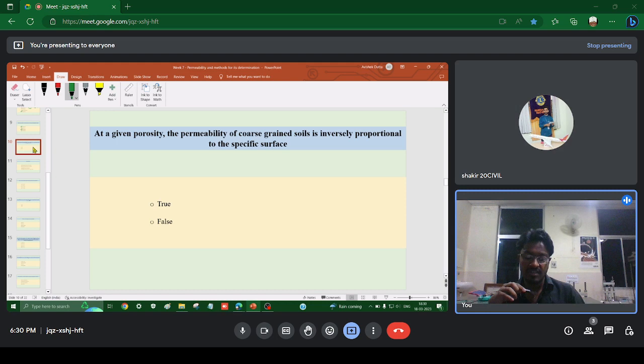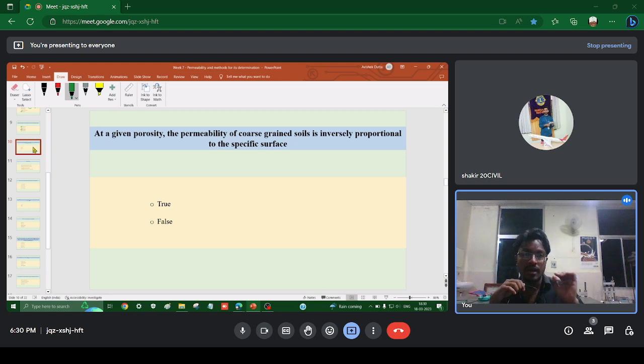No. In the previous question, where I mentioned square, grain size means diameter. But when I talk about specific surface, I'm not talking about the grain size. I am talking about the surface area per unit mass of a certain mass of soil.